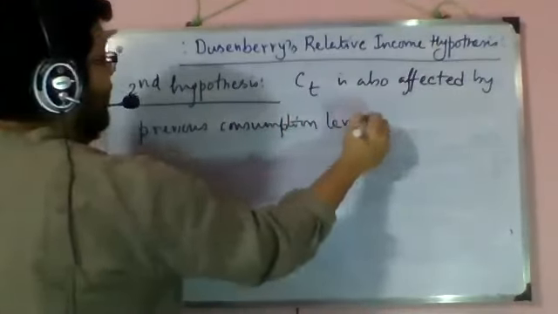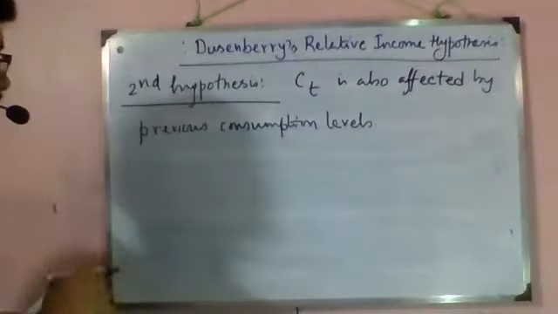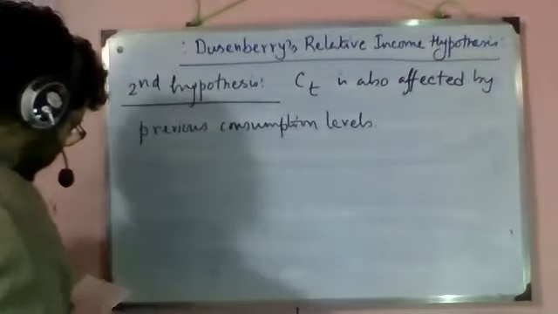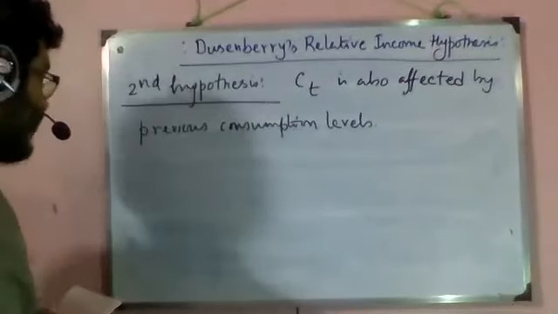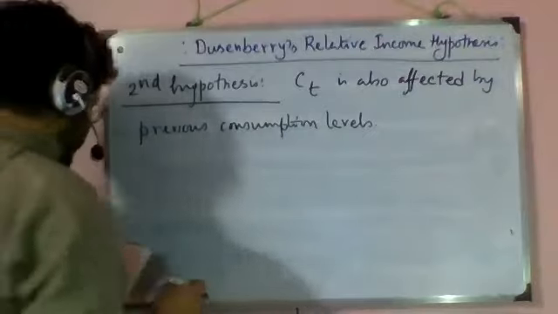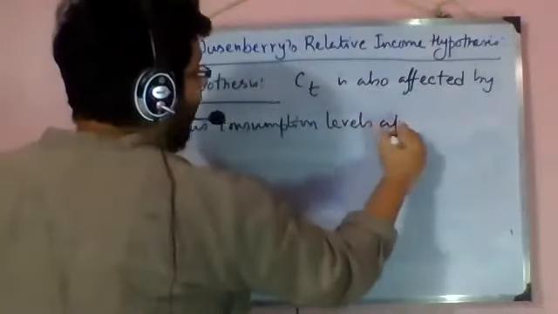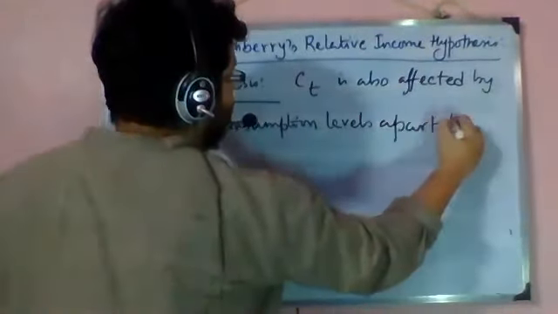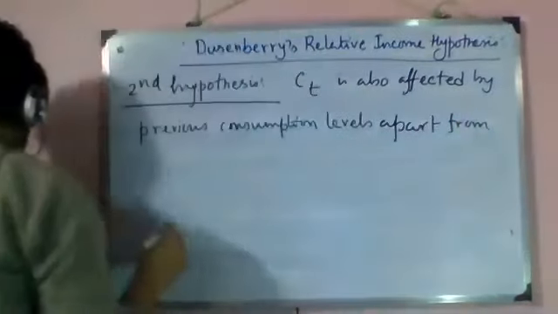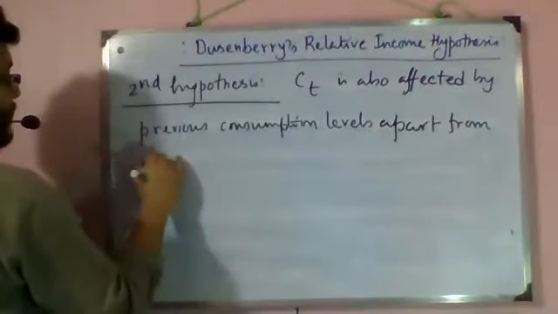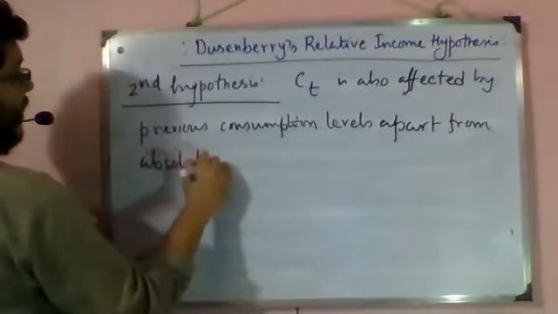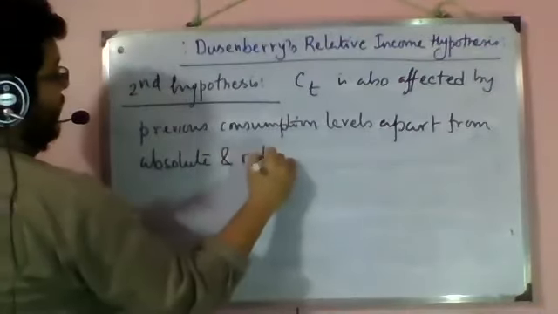Okay, so that gives us the idea of keeping the consumption level constant. We'll go into that. So CT is also affected by previous consumption levels apart from absolute and relative income.